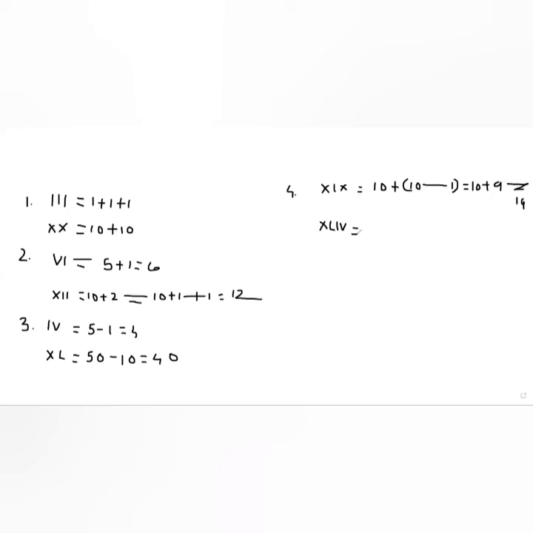Remember the easy trick, and find out which numbers these are. X is representing 10. Here L is 50 and this X is 10. So this is the greater number and this is the smaller number. So what we will do first is subtracting. 50 minus 10, you write.